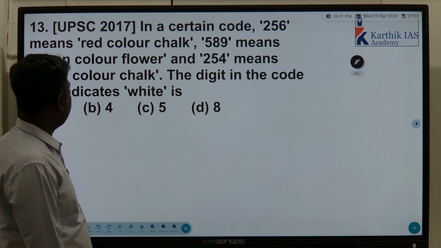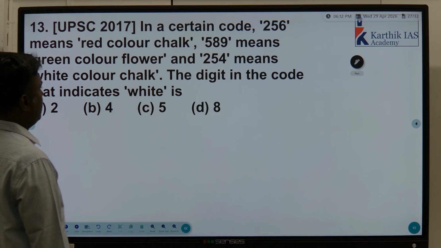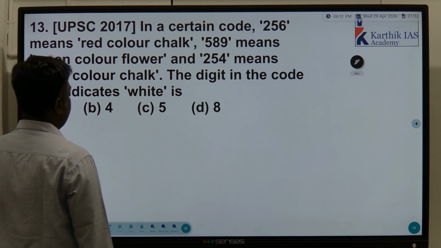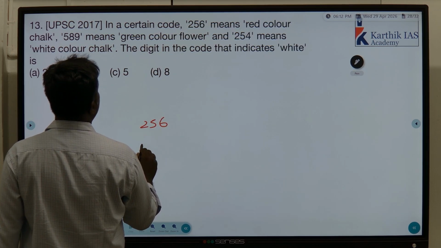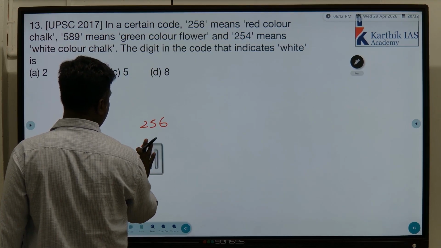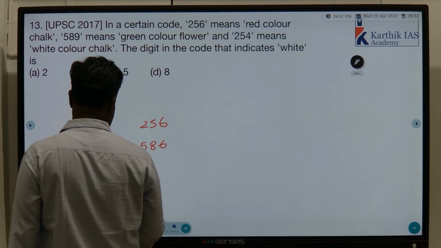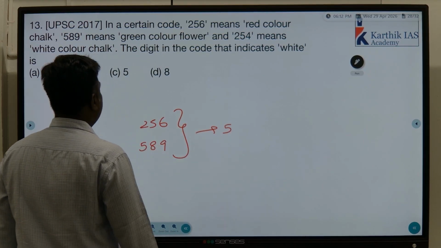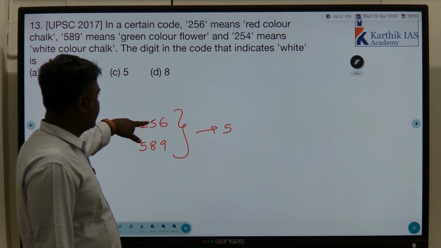Clear? In a certain code, 256 means red color chalk. 589 means green color flower. 254. See, compare first 256 and 589. Understand? I am seeing 5 here, in both the codes.